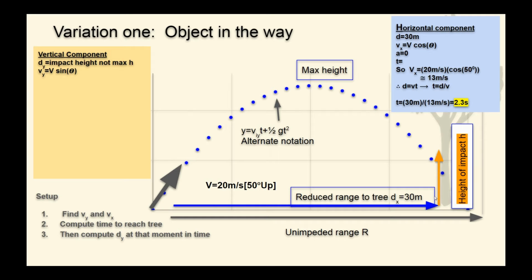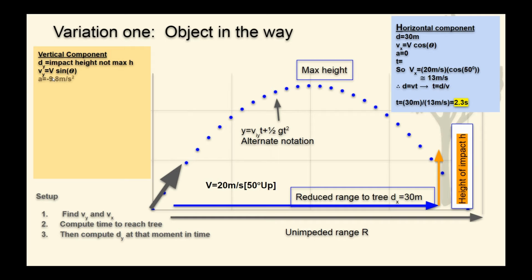And my little orange vector has obnoxiously lengthened itself, and it's not pointing at the point of impact anymore. This is a problem in Google Slides. It's not me. Sometimes when you present, some things change their size for some reason. So this little orange height of impact should be ending at the little blue dot there.